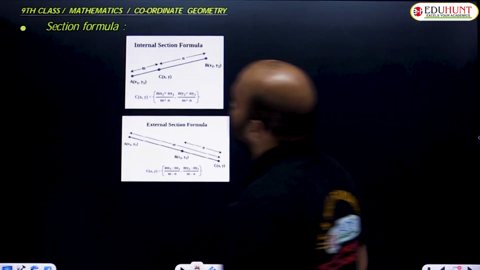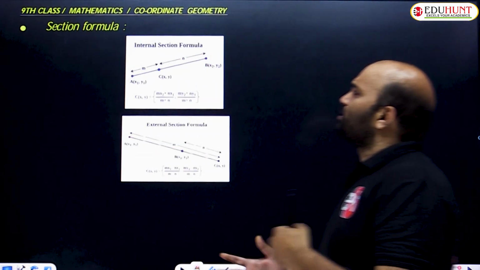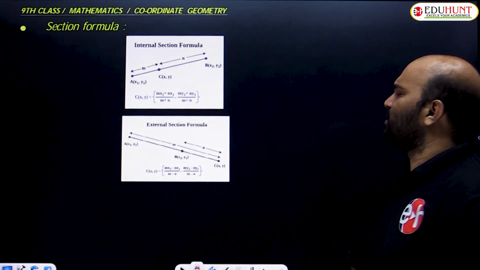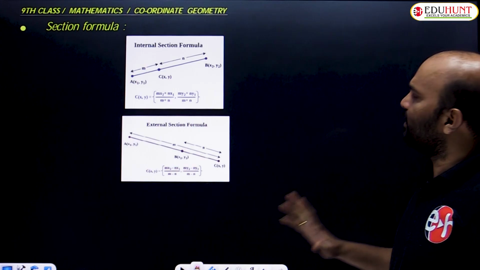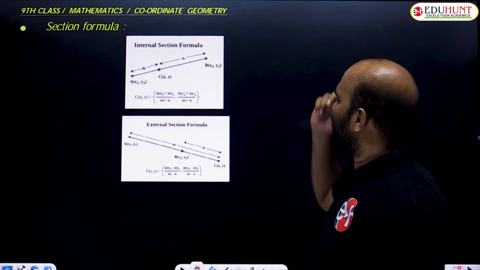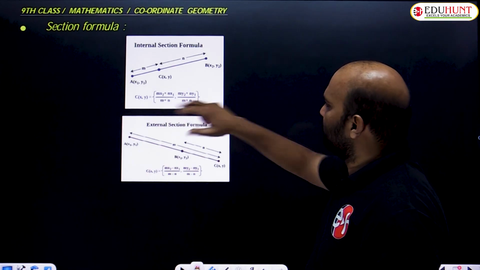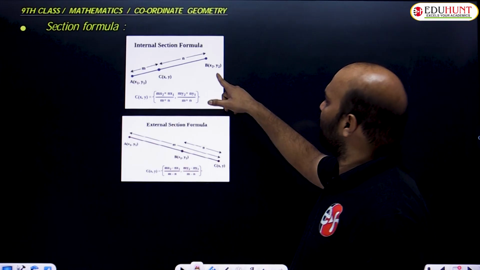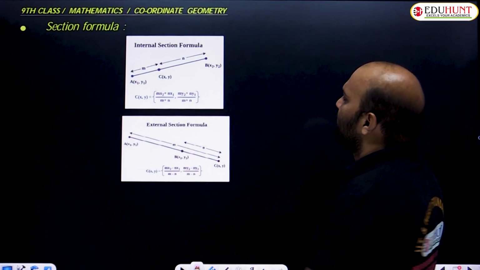So next one, let us explain the section formula. Section formula is of two types. One is the internal section formula, and the second one is the external section formula. So how to define the internal section formula? Two points A and B are taken in the plane. A coordinates are x1 comma y1, B coordinates are x2 comma y2.